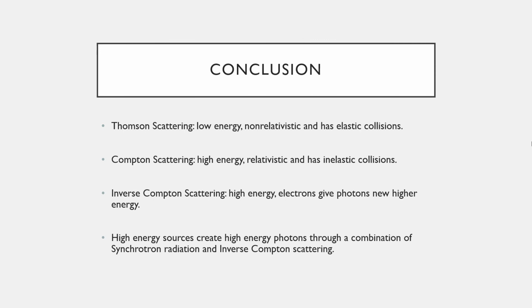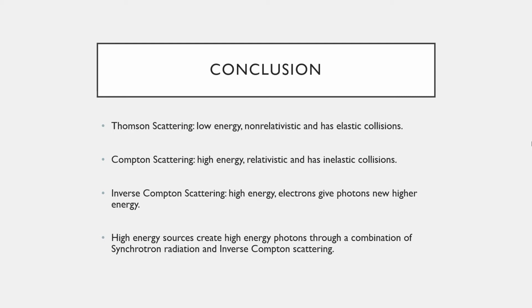To conclude this half of the presentation, Thomson scattering takes place for low energy photons and non-relativistic electrons. This results in an elastic collision. Compton scattering takes place for high energy photons and relativistic electrons. This has an inelastic collision.